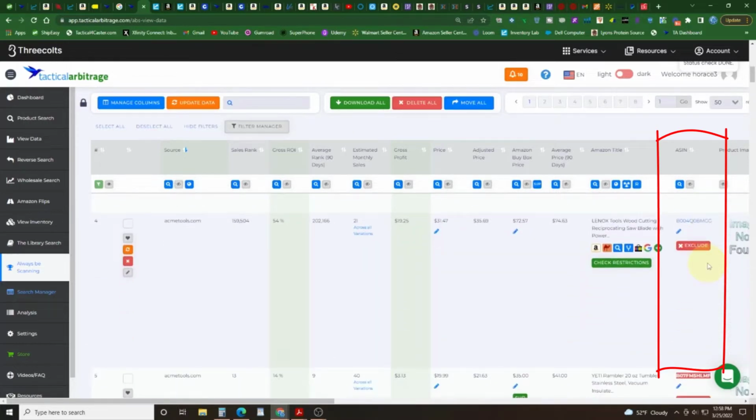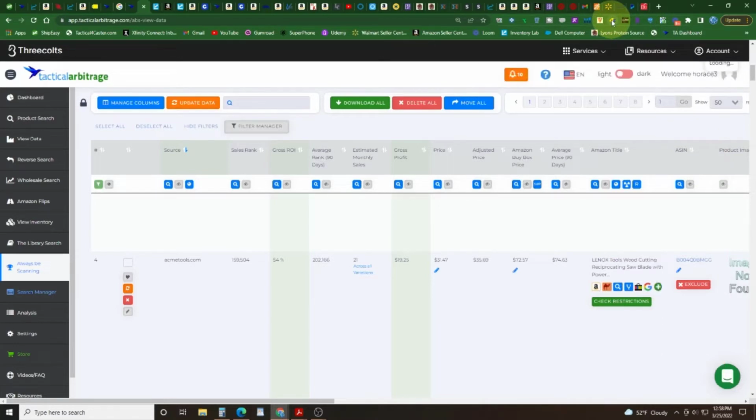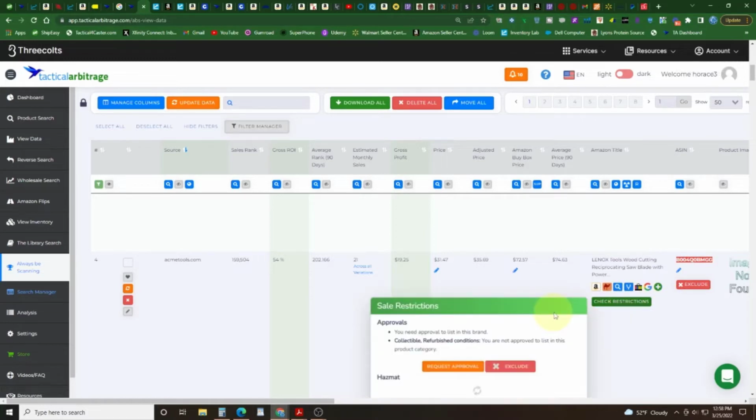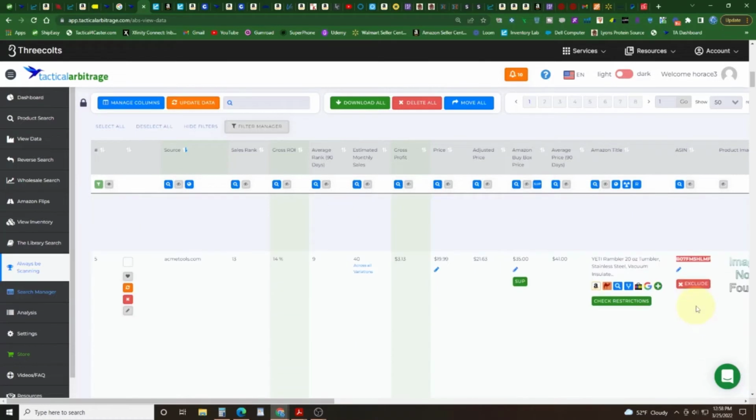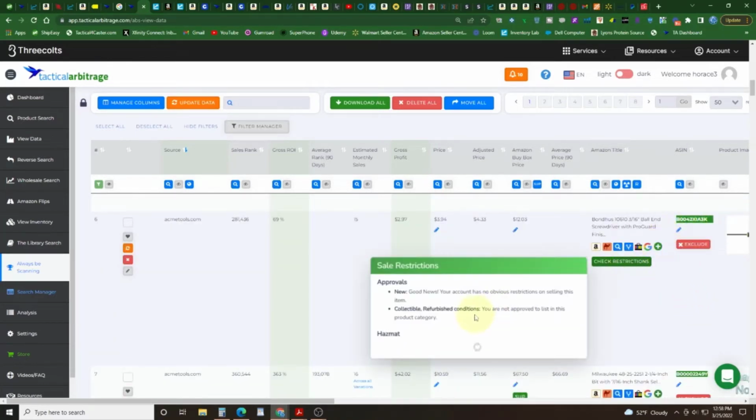Sometimes it might not do nothing. If it doesn't, a lot of times if you just click it again, it does. But at the end of the day, see how it did the second time, and that's red. If that's red, I know I don't even need to click on that because I'm gated in that particular brand, category, whatever it may be. But if it's green, then good news, I'm good.